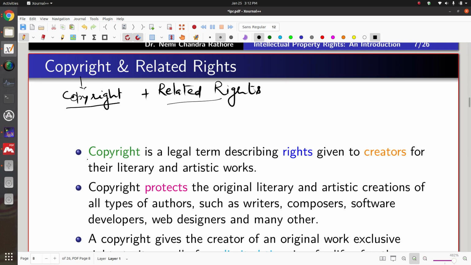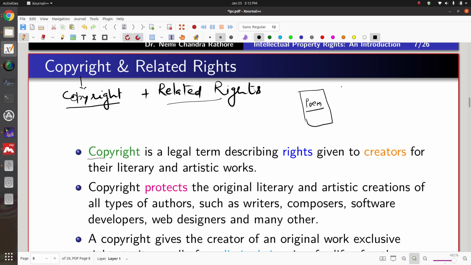Copyright, as I said, is a legal term. It describes a set of rights that are given to a creator for their literary and artistic work. For example, suppose you are a poet and you write a poem on the rising sun.